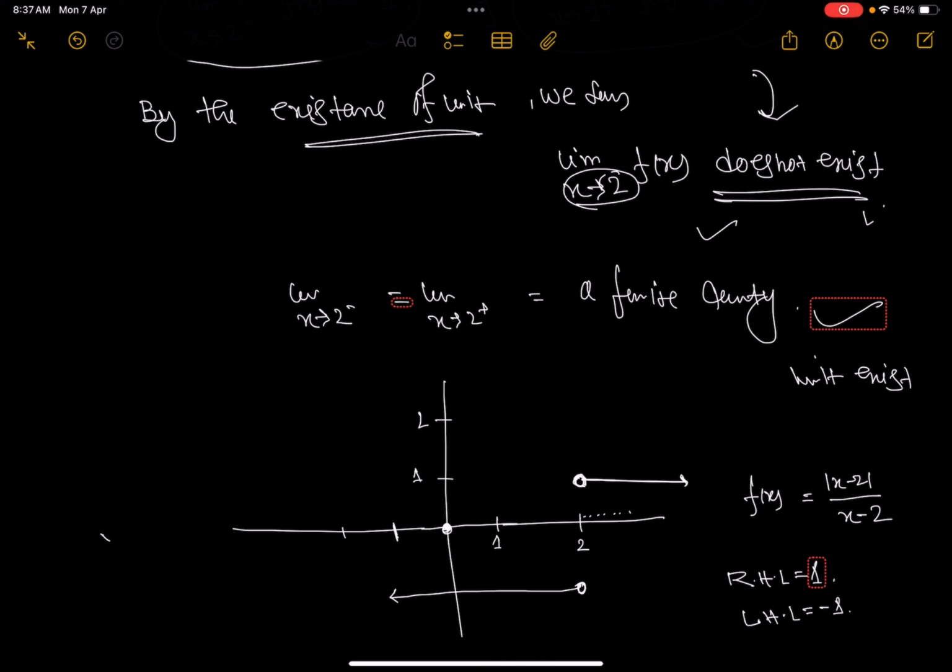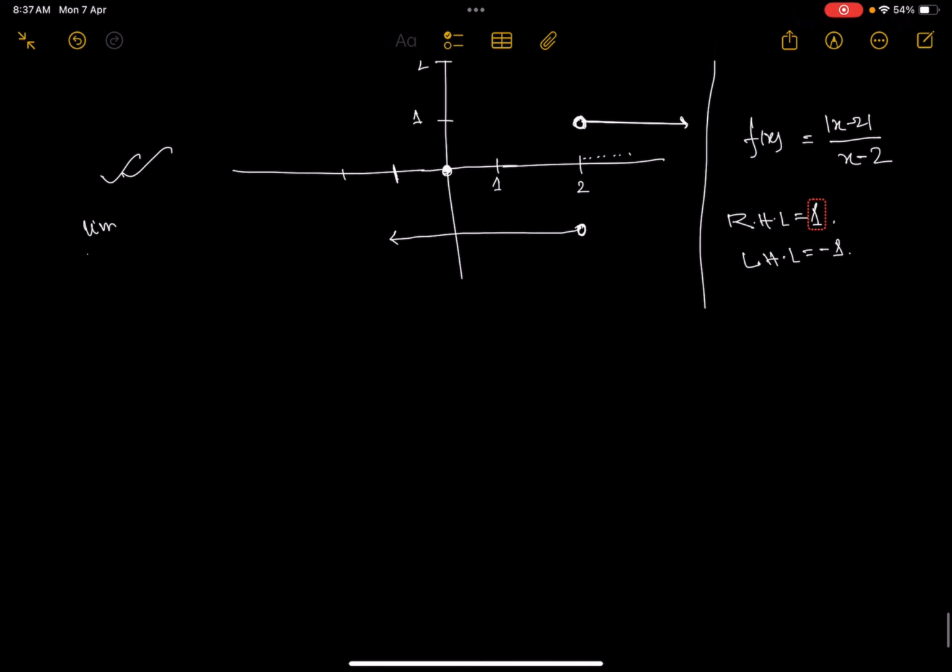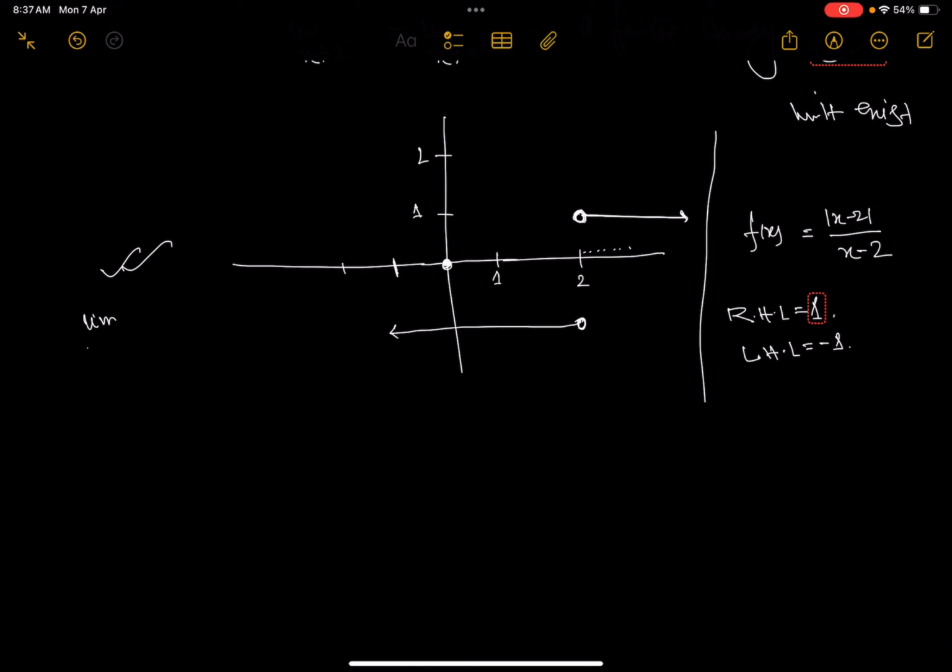By the graphical idea, we can say from this picture, if only this picture is given and nothing else, what is the value of the limit? Whatever the function is, I don't know, but this plot is given. As x tends to 2 plus, the positive neighborhood, the function value goes to 1.